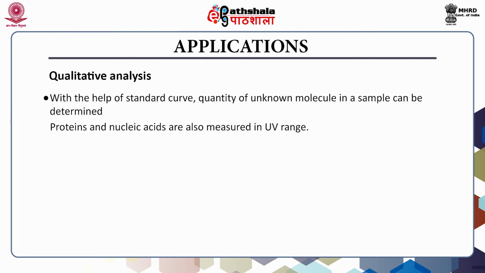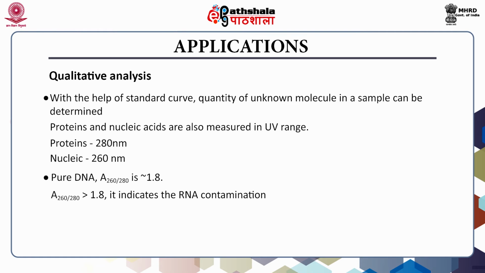Proteins and nucleic acids are also measured in the UV range. Proteins are measured at 280 nanometer and nucleic acids are measured at 260 nanometer. For pure DNA, absorbance at 260 by 280 nanometer is approximately 1.8.